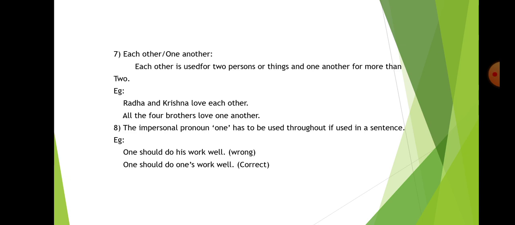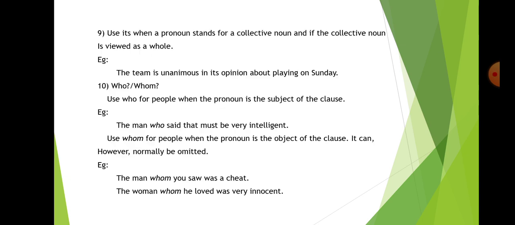It is the correct use of the sentence. Next, use its when a pronoun stands for a collective noun and the collective noun is viewed as a whole. For example, the team is unanimous in its opinion about playing on Sunday.